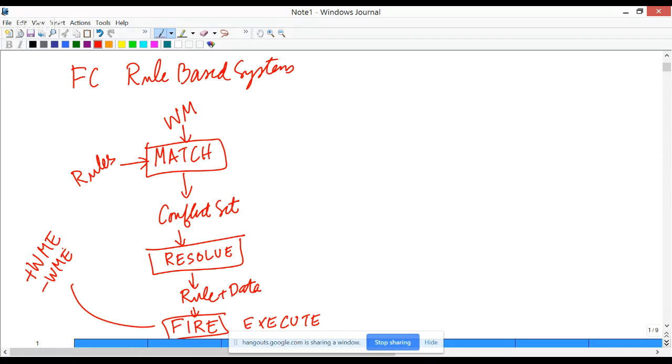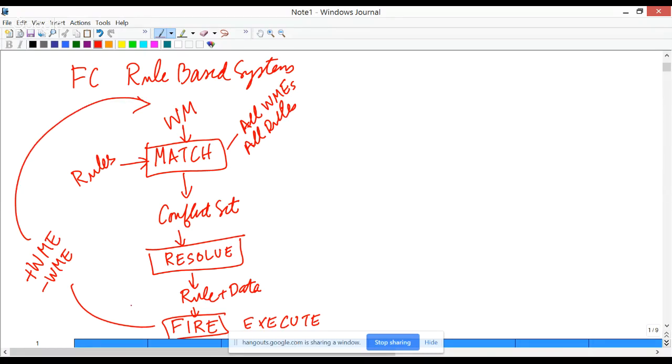Now, the problem with the brute force approach of this high level inference engine is that this match has to look at all working memory elements and all rules. So it has to do a tremendous amount of work, and it has to do this in every cycle.